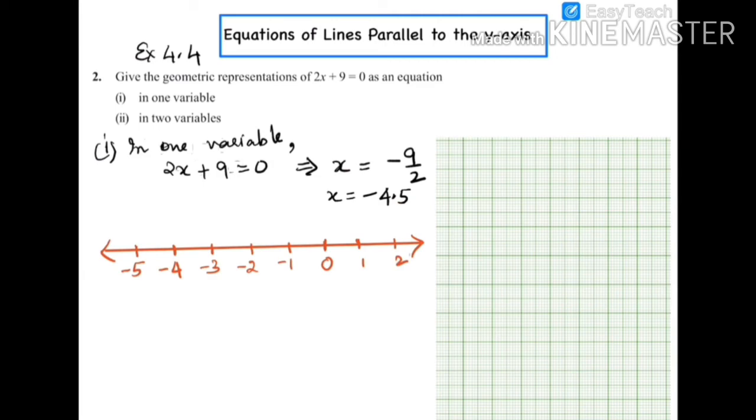So your point will be here. This point over here represents x = -4.5. This is the geometric representation of this equation in one variable, which will be on the number line.